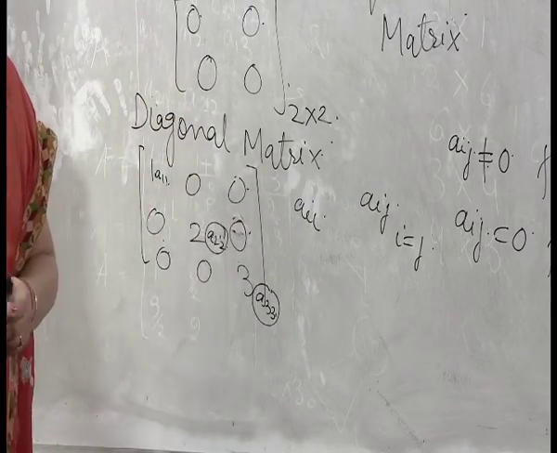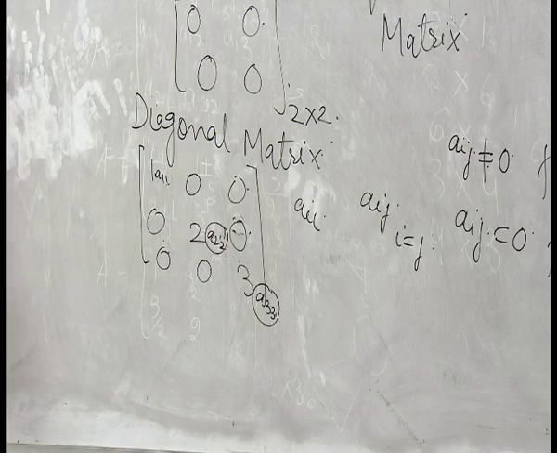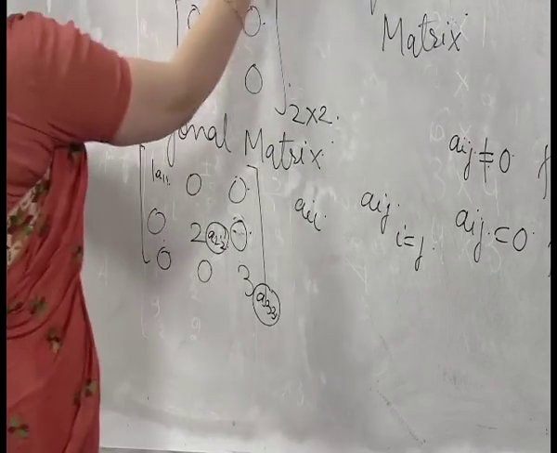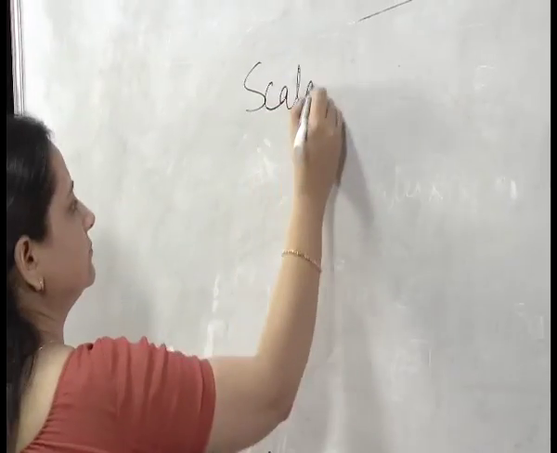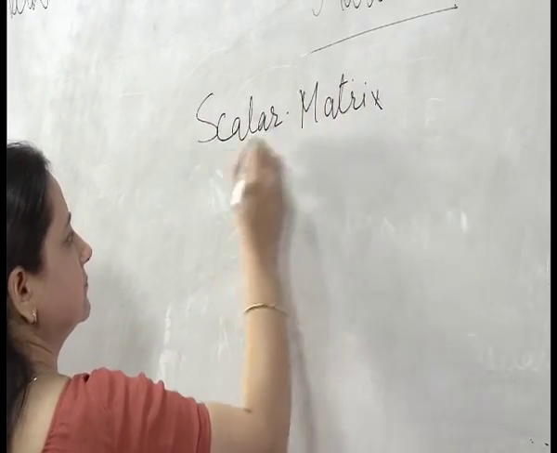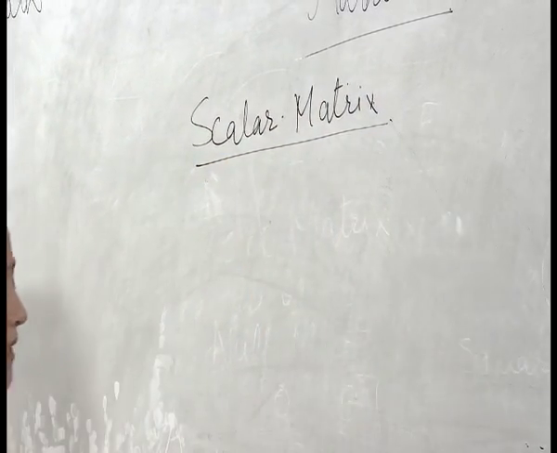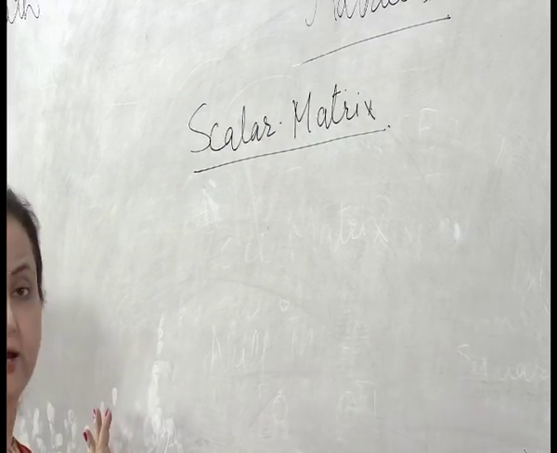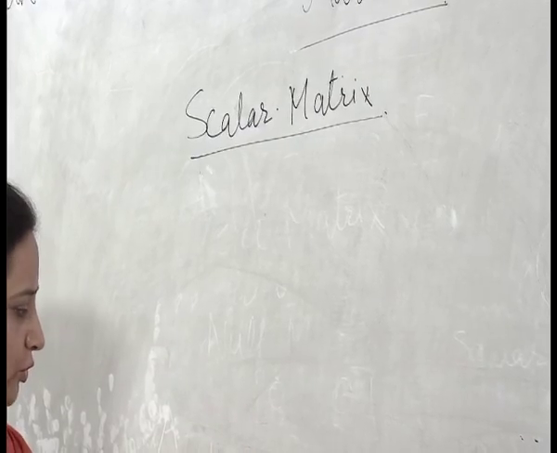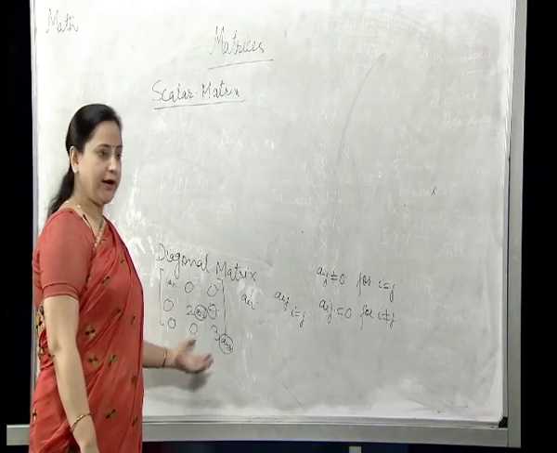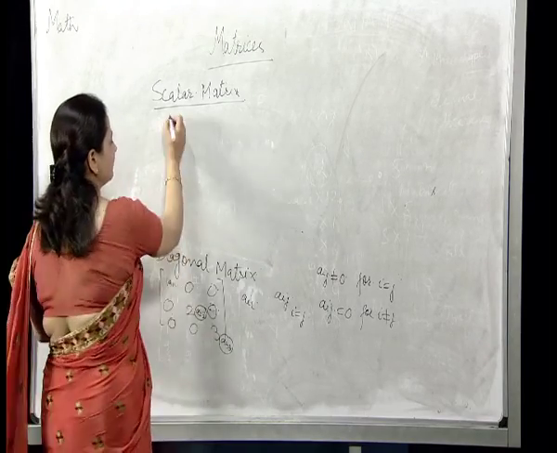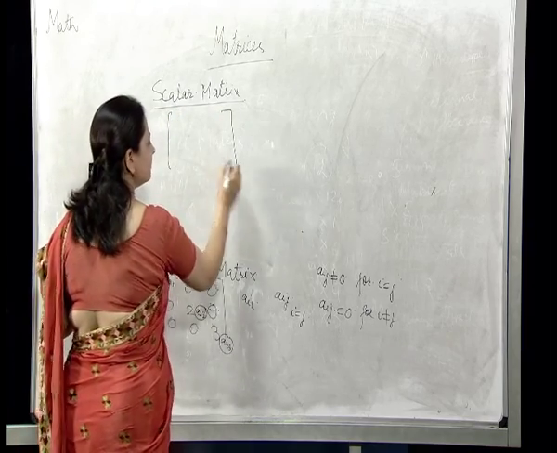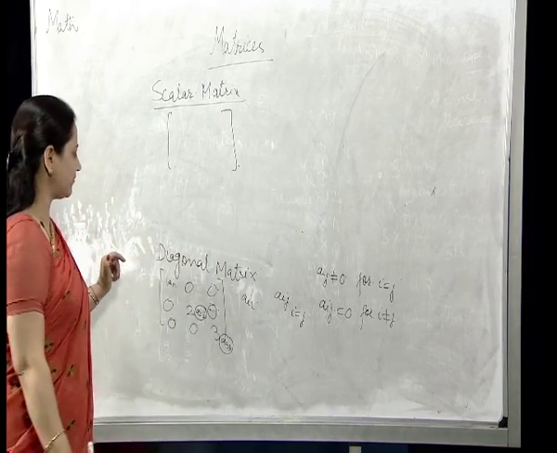After the diagonal matrix, we have the scalar matrix. Next comes the scalar matrix. Now, all of you know what a diagonal matrix is. What is the difference between the diagonal matrix and the scalar matrix? There is a simple difference between the two matrices.